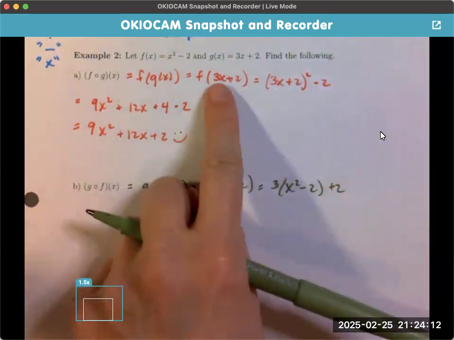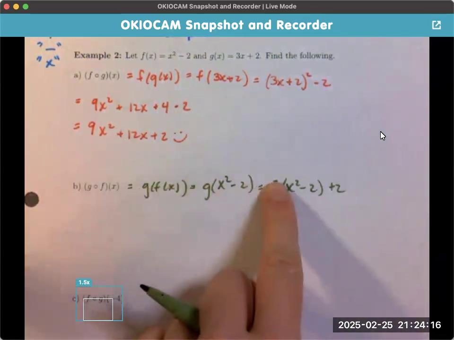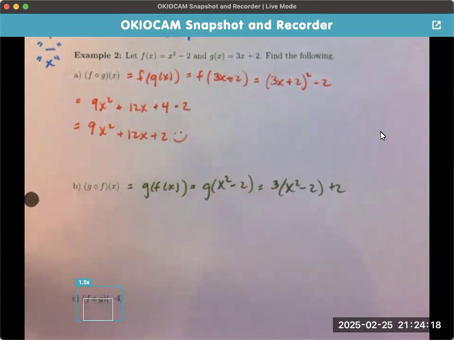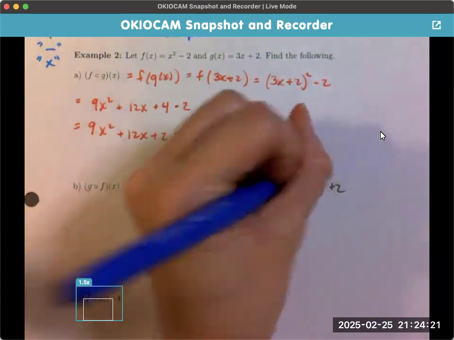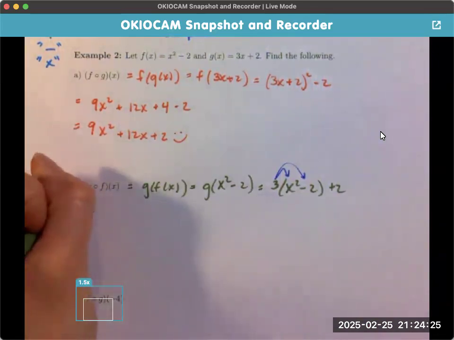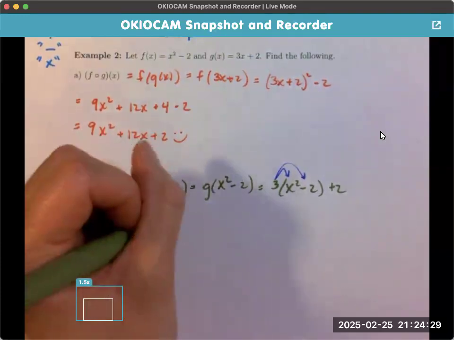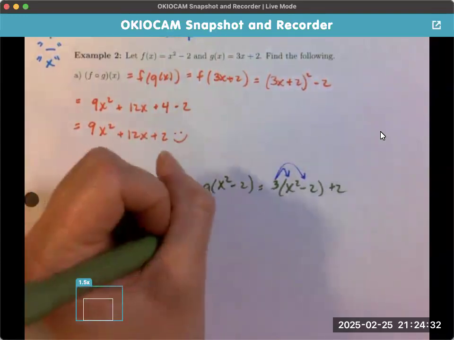Note that in all cases I didn't drop the parentheses until it was called for, so use your parentheses as your directions. Distribute the 3. So 3x squared minus 6 plus 2 is 3x squared minus 4.